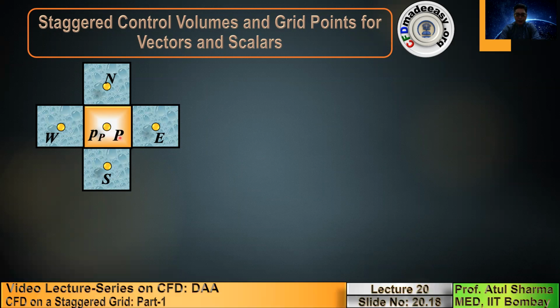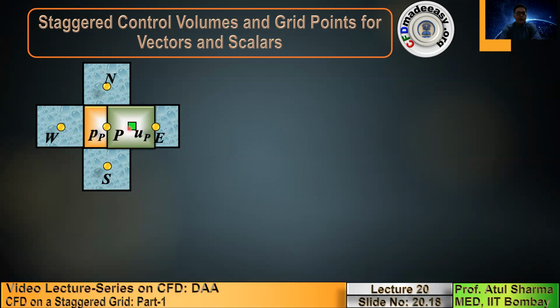This is the grid point corresponding to point P. In a staggered grid, it was suggested that let us stagger the control volume. Let us not use the same pixel. Let us locate the grid point for u velocities on vertical face centers. So here we have a pixel for u on this vertical face center.